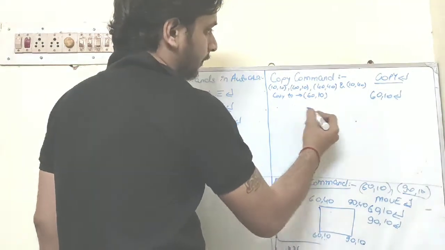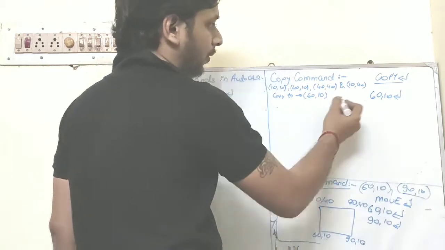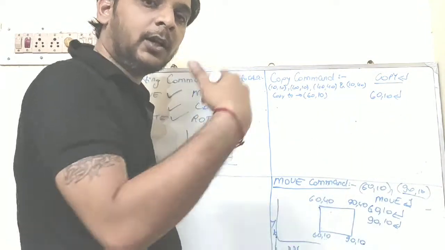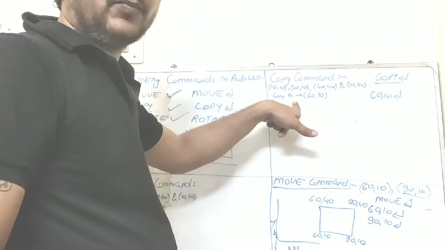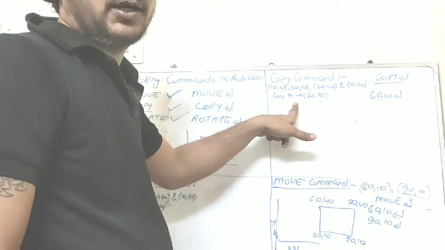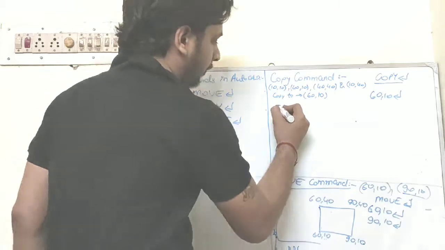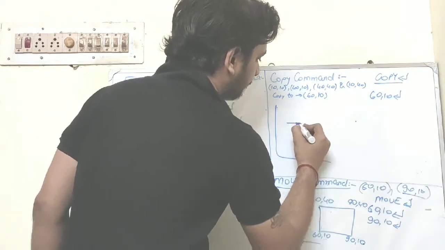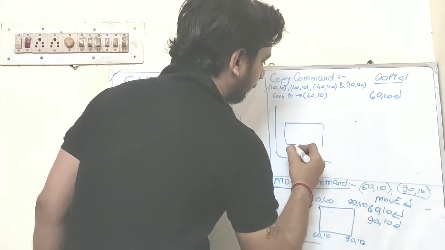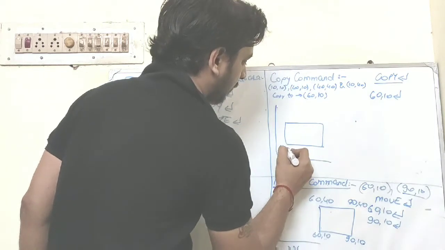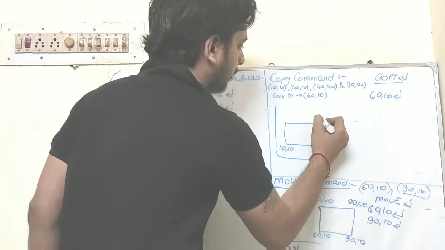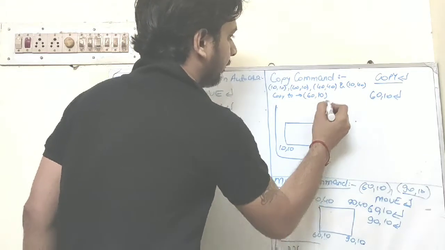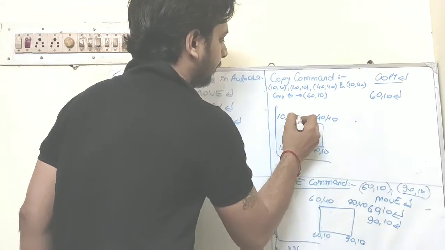Before using this copy command, we have already constructed a rectangle by using either pline command, line command or rectangle command. So let us take a rectangle 10 comma 10, 40 comma 10, 40 comma 40 and 10 comma 40.